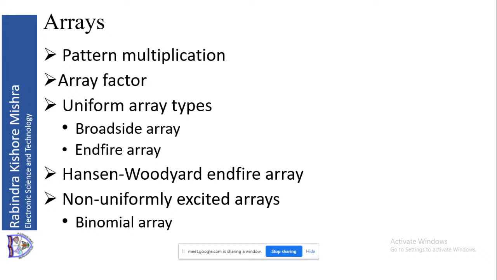Then Hansen-Woodyard end fire array, this part is important. These four are important for you. The fifth you can neglect, or if you are ready to take it, take it. Non-uniformly excited arrays, particularly the binomial array. Other parts you can neglect from your examination point of view.